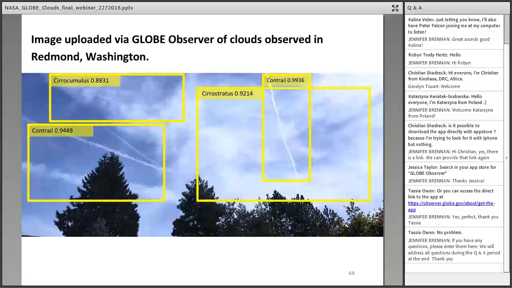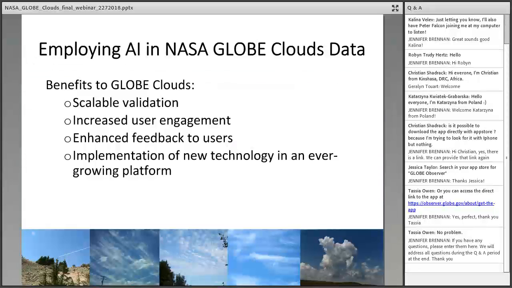In this way, we would be able to say that there was a discrepancy based on either, hopefully, user error or if it's just the case that the satellite wasn't able to see a high cirrus cloud or a contrail. That will hopefully allow users to make more informed observations in the future.